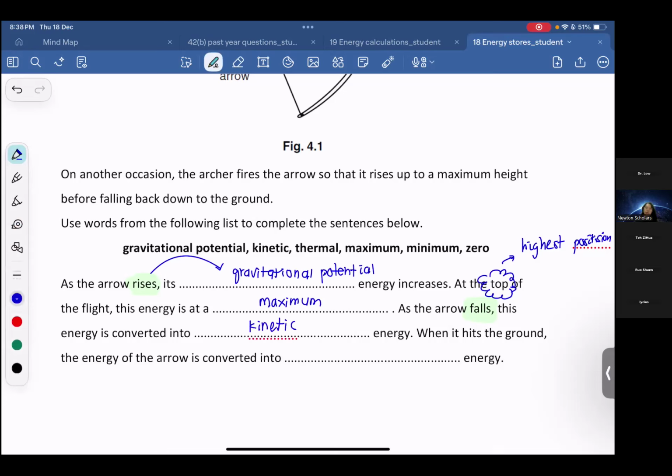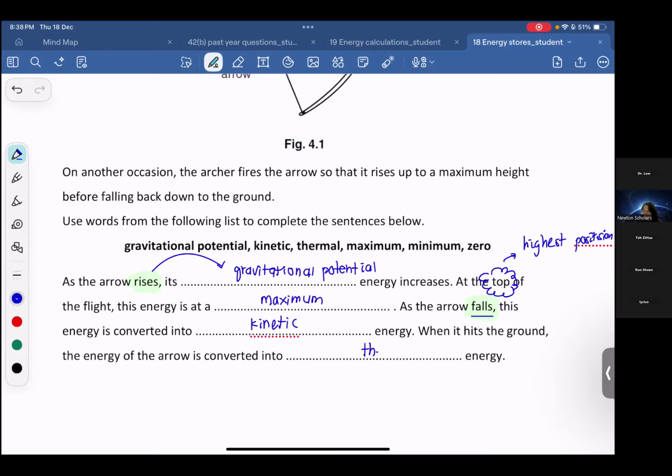GPE decreases and kinetic energy increases. A falling object will accelerate because gravity is pulling. When it hits the ground, the energy will be converted to thermal energy, lost to the surroundings.